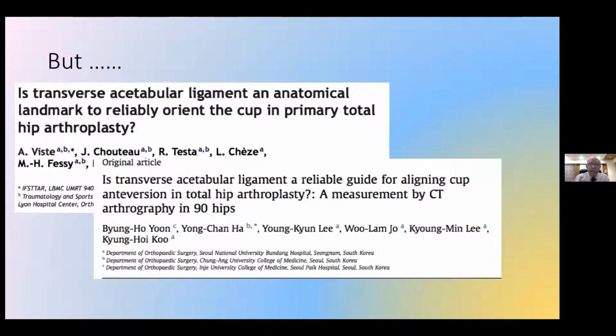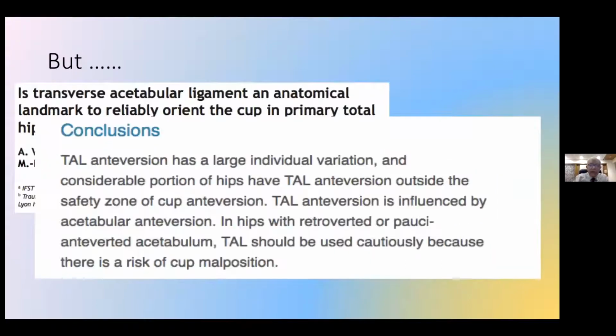There is another paper that also suggests, is TAL a reliable guide for aligning the cup anteversion in total hip arthroplasty? And what is the conclusion? They say that TAL should be used cautiously in all the cases because there is a risk of cup malposition.